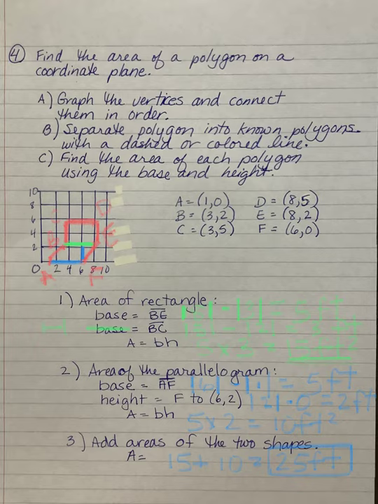Then for the area of the parallelogram, I took the length of the base times the length of the height, which is, remember, straight up and down, and I got that area. Then I added those together, and that gave me the area of the entire polygon.